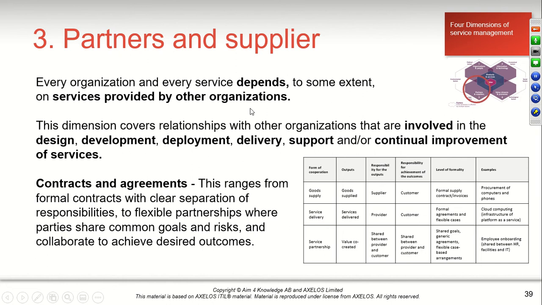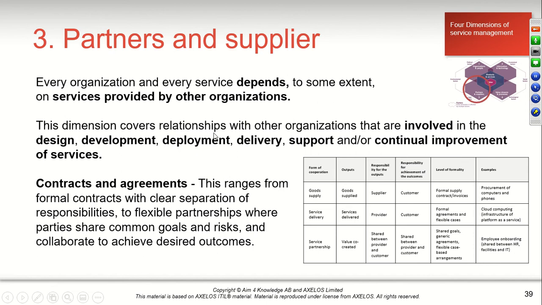We said every organization and every service depends to some extent on service providers. There is no organization that is an island that does not depend on another organization for one service or the other. And one of the things that underpin the relationship between organizations as partner and supplier is a contract or agreement.